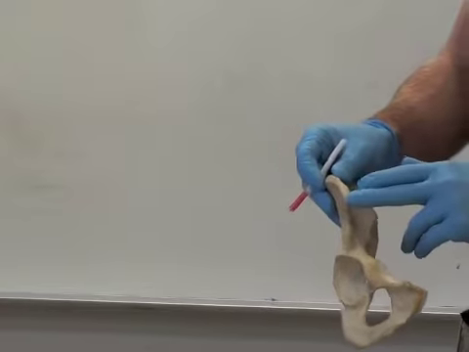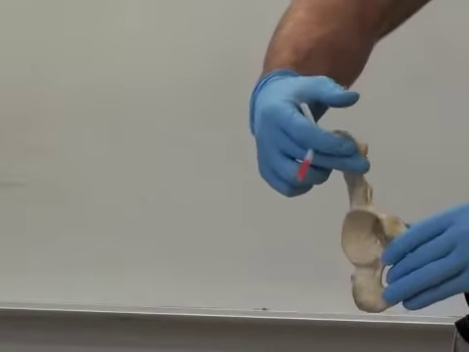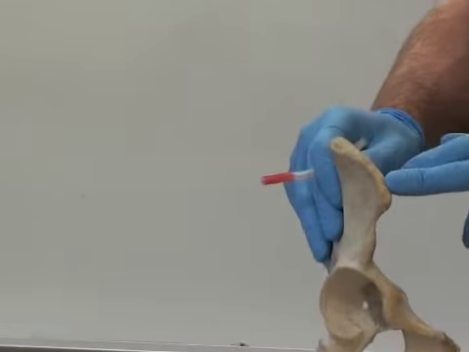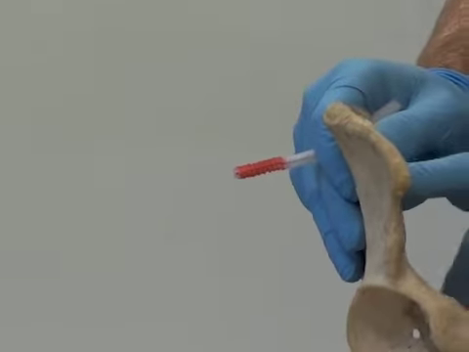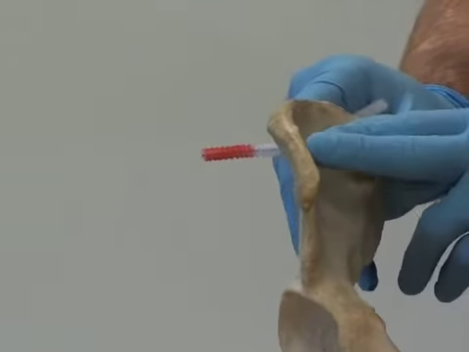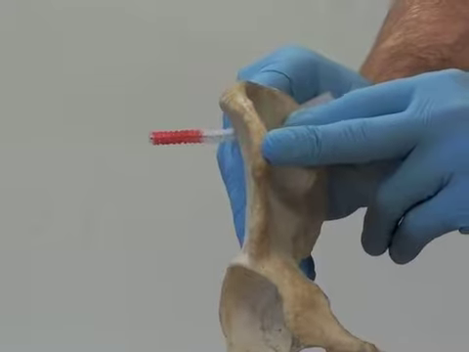So moving anteriorly, if we follow this, we see this first protrusion right here. Now this is called the anterior superior iliac spine. Anterior because it's in the anterior portion of the ilium, and it's also high up, it's the most superior portion. So anterior superior iliac spine.